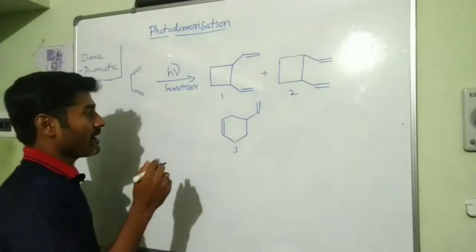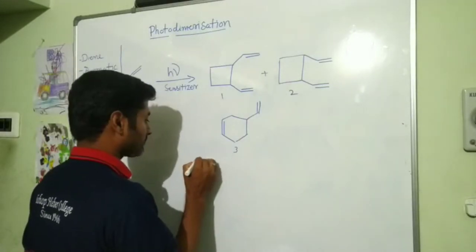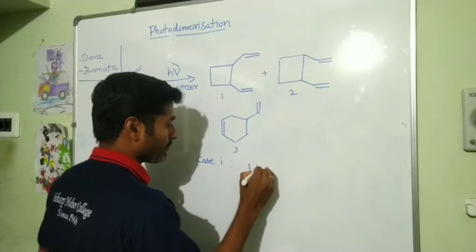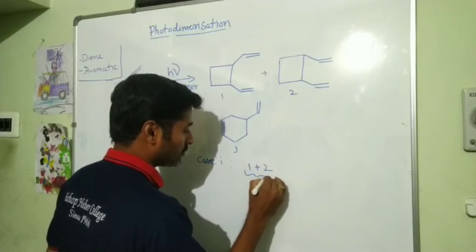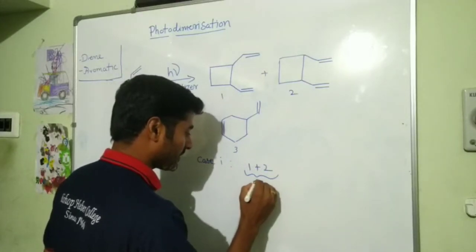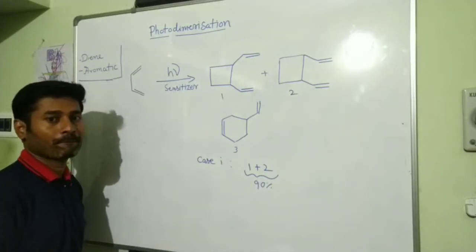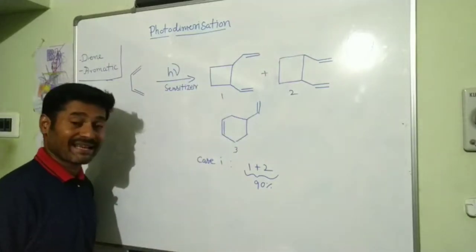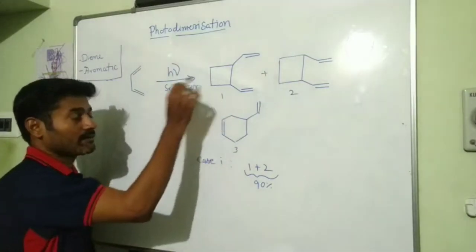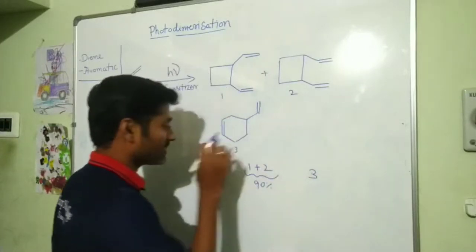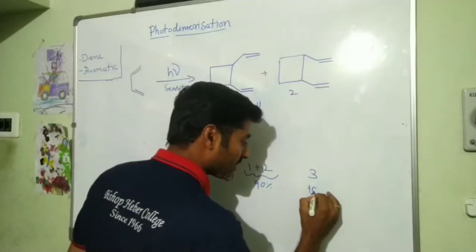In case 1, product 1 and 2 will be the major product. That is 90% of your product will be product 1 and 2, that is di-substituted cyclobutane, and product 3 will be only 10%.